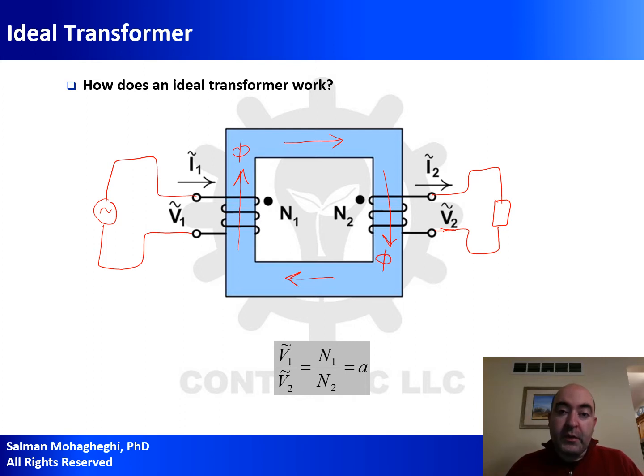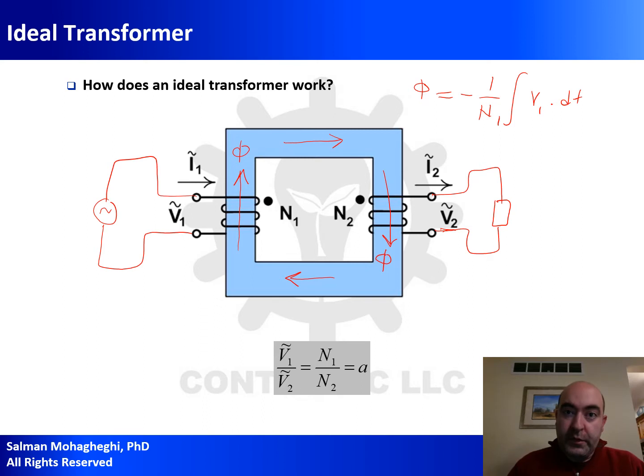But an equally important step is to understand how these voltages are related to one another. Now, according to Faraday's law, the flux that is generated as a result of that voltage source V1, these two are going to be related to one another. And the relationship is flux is going to be negative 1 over N1, number of turns for my primary winding, integral of V1 dt.